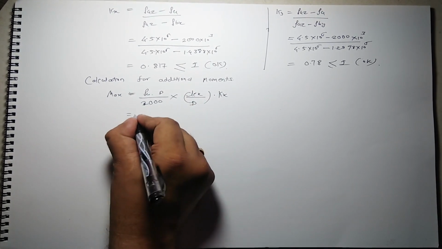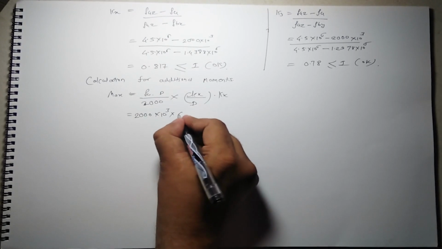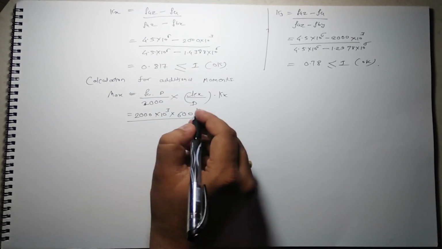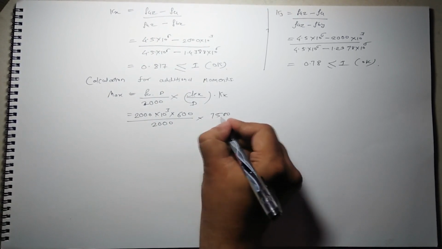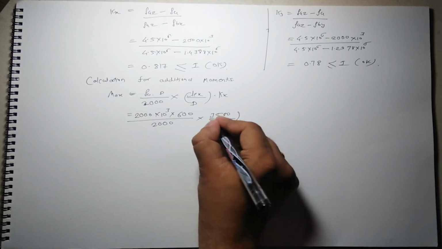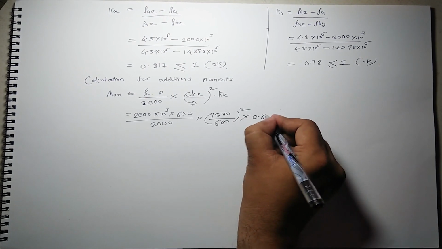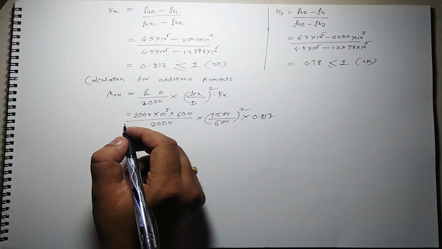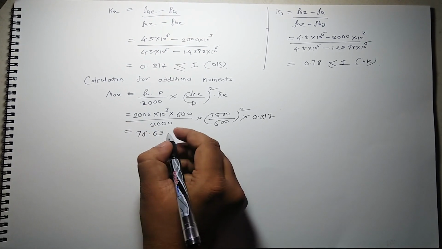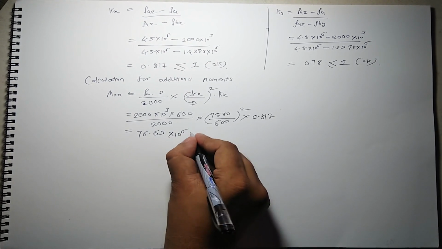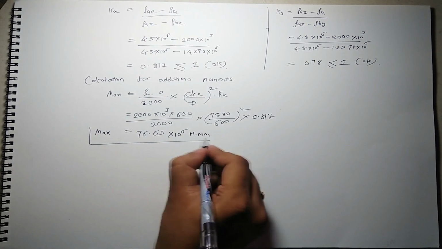Now put the value: 2000 into 10 to the power 3, the D is 600, upon 2000 into 7500 mm, in mm, it has to be squared, and the value of reduction factor is 0.817. So it is coming to be 76.59 into 10 to the power 6 Newton mm. This is the additional moment.